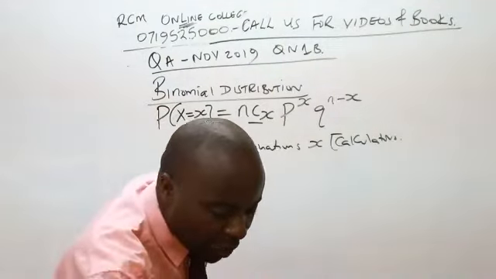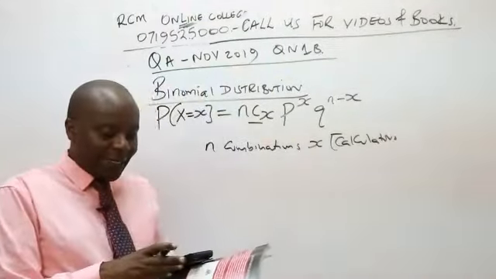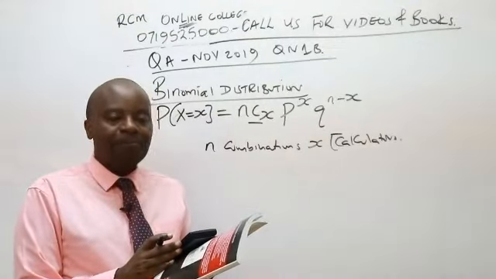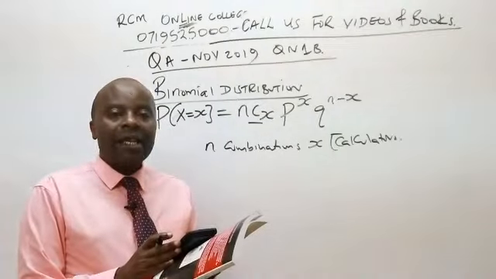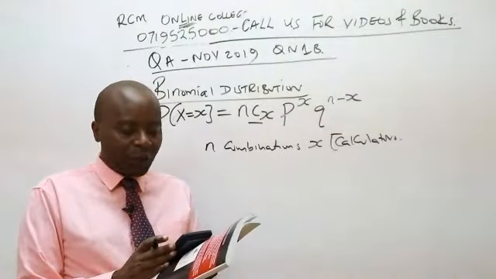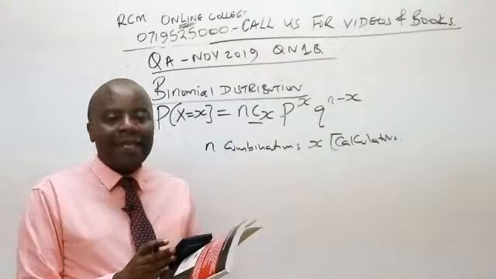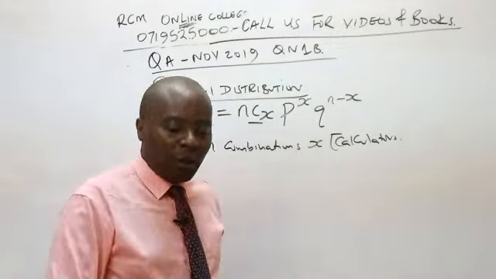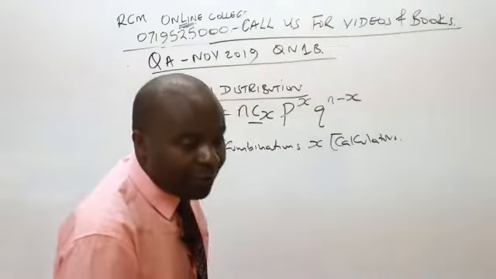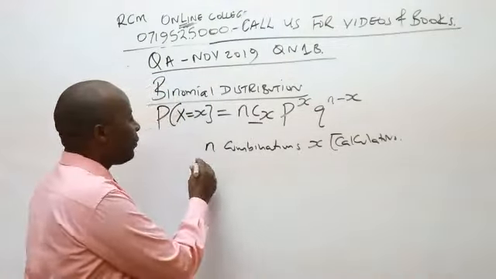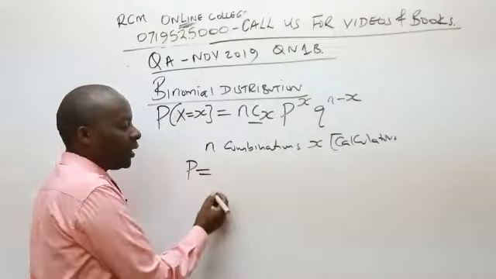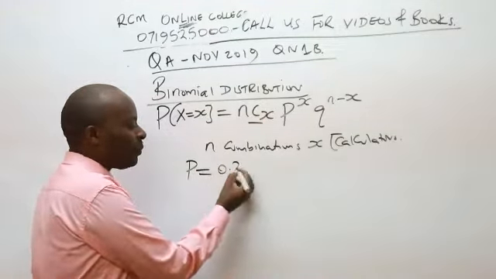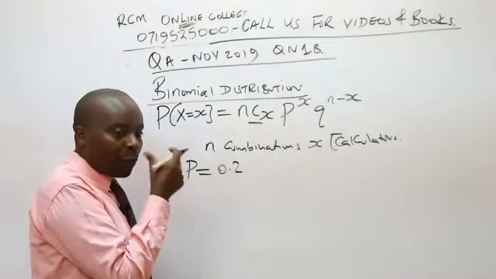Once you have your calculator, you'll be able to see NCX or NCR somewhere close to shift or alpha in your calculator. So, ladies and gentlemen, even before we read the question, we have this P. The probability given in the question, the probability of a consultant being absent is 20%. 20% is 0.2.